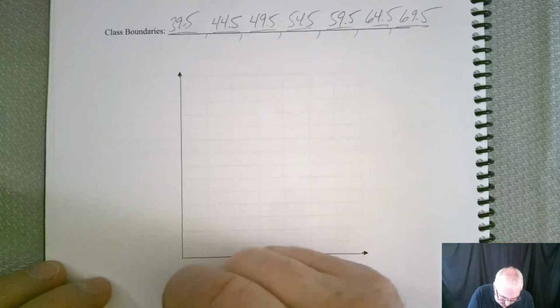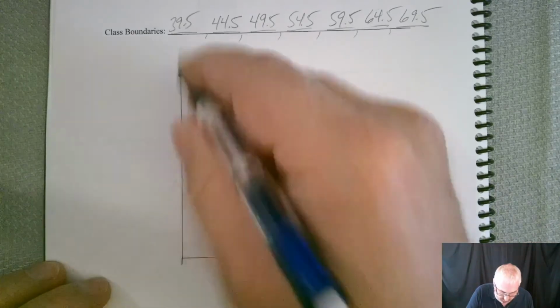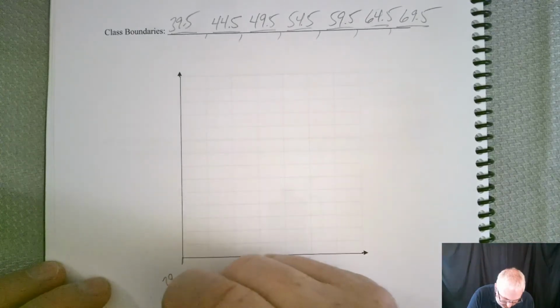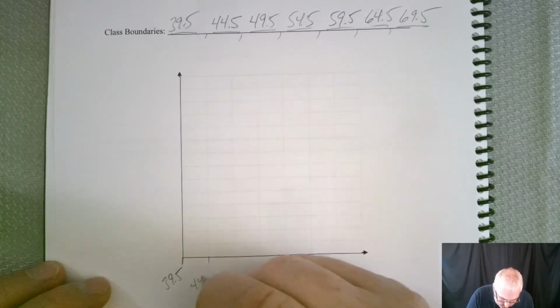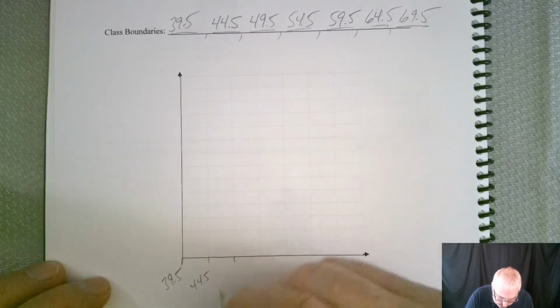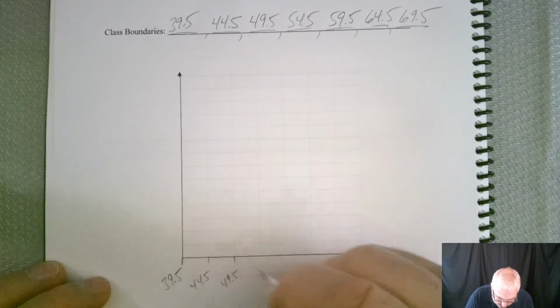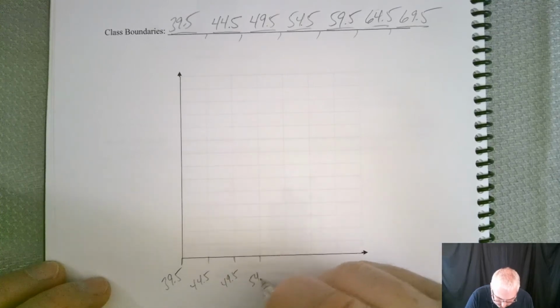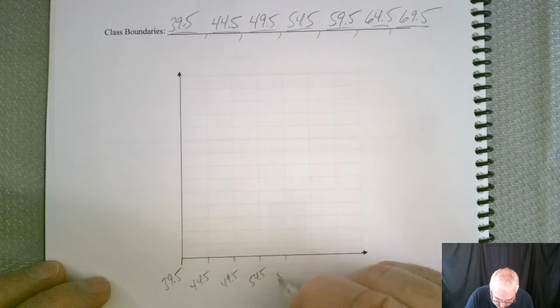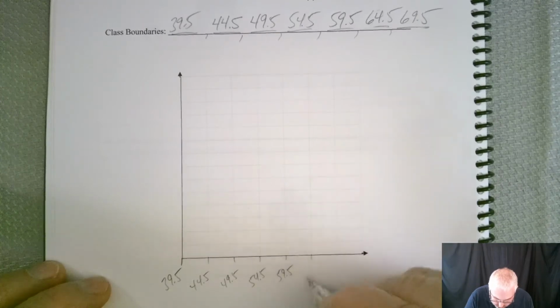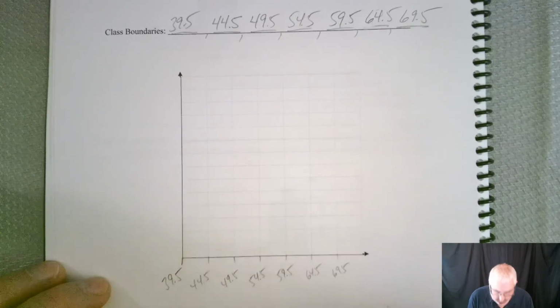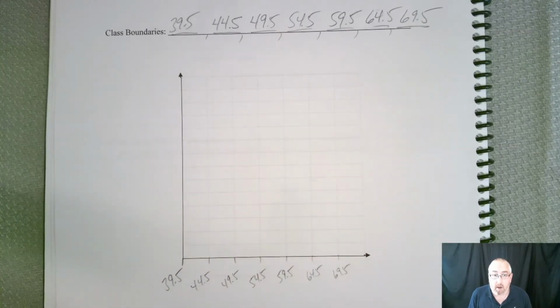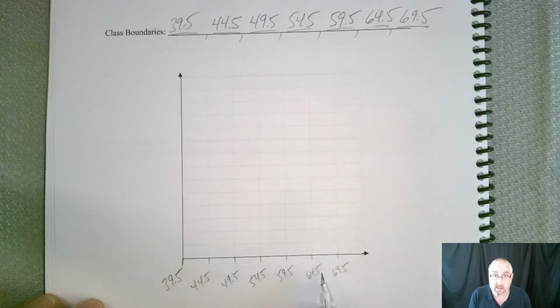So let's put right underneath the vertical axis 39.5, and then each dash afterwards gets its own number. So we can get 54.5. And 69.5. So there's all of our boundaries. And again, you want it right underneath those dashes.